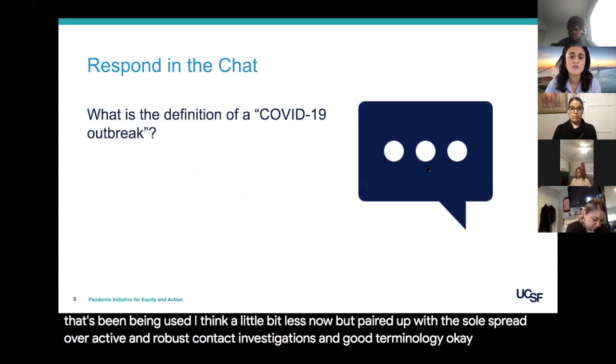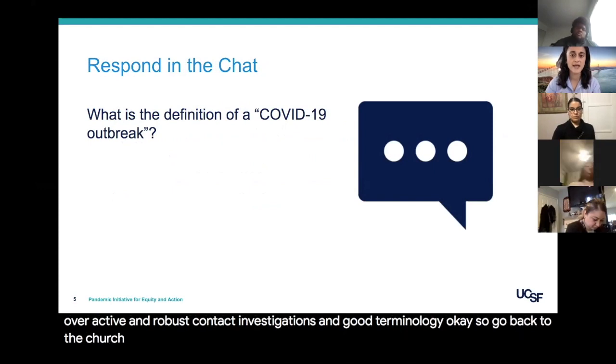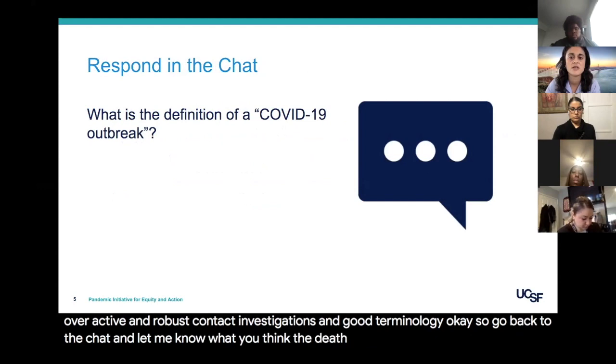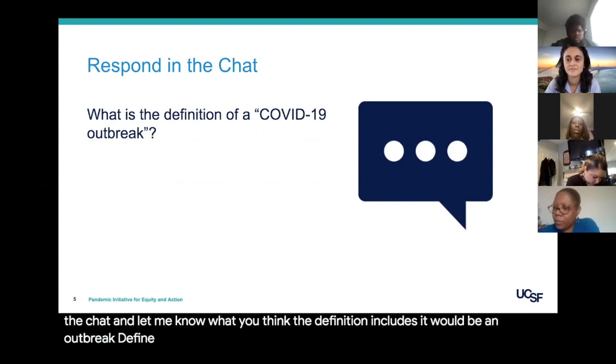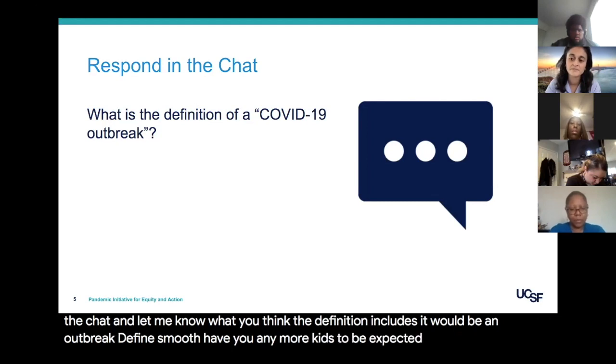Okay, so go back to the chat and you can let me know what you think the definition is for a COVID-19 outbreak. Is an outbreak defined similarly to how the epidemic, I mean, more cases would be expected? Mm-hmm.